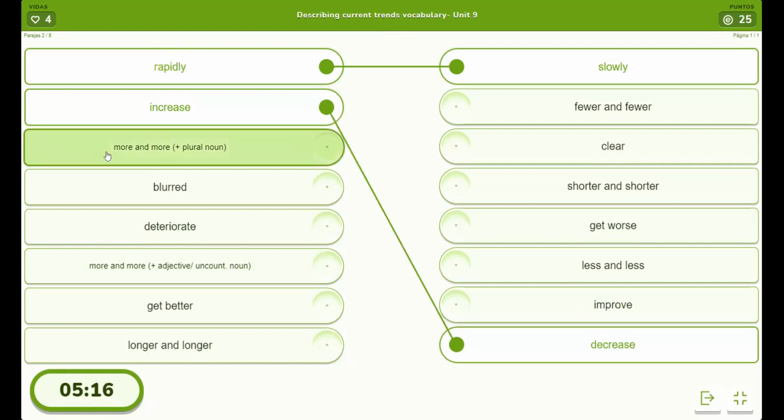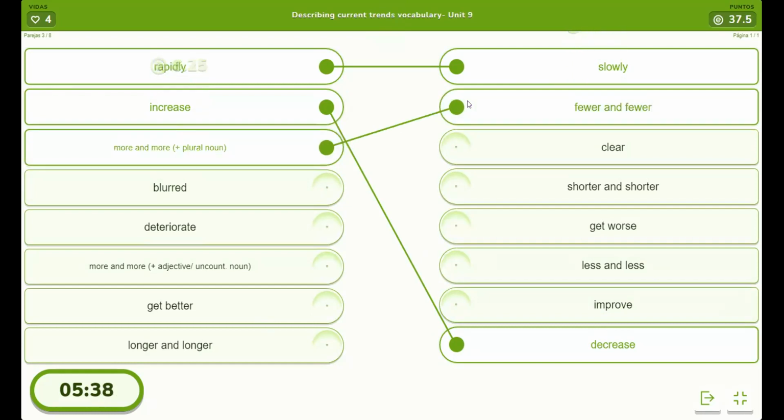For this one, more and more plus a plural noun, what is the answer? Less and less. In this case, it is a plural noun, so we have fewer and fewer, okay? Less is for uncountable nouns.